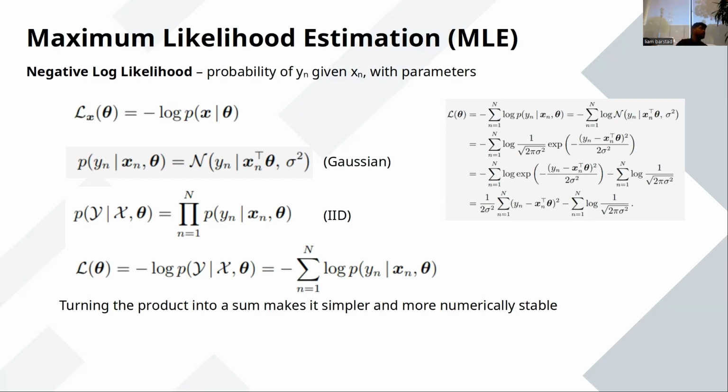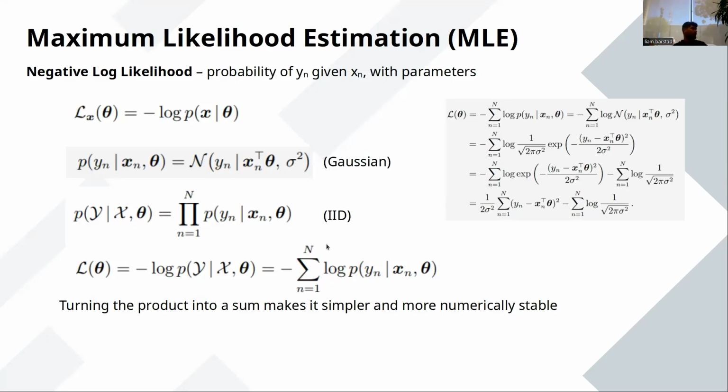If we want to get the total probability of a particular output or vector of outputs, given the probability of the data, because they're independent of each other, we would get that by multiplying them all together. Now, by the definition of a log, this is kind of similar to exponentiation.